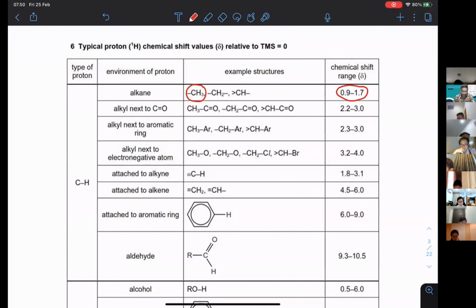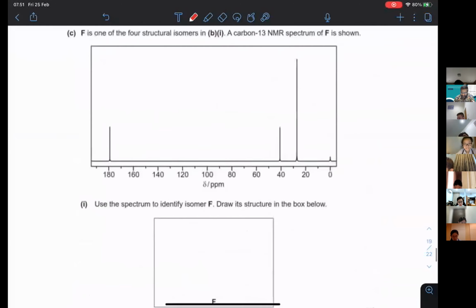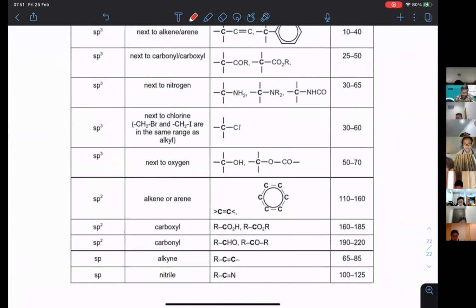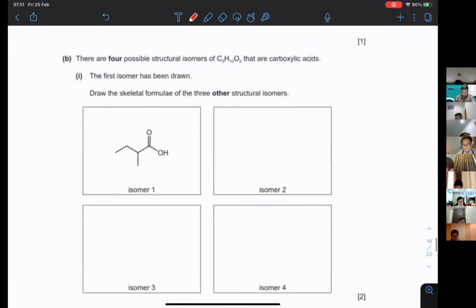Then I see another peak, which is at 2. I know the other one is CH3, and there is only one proton at 2.